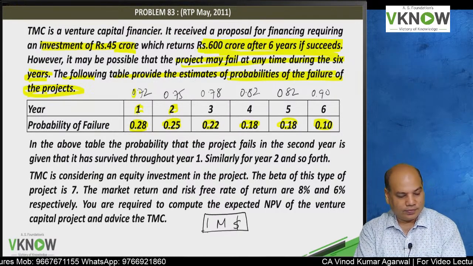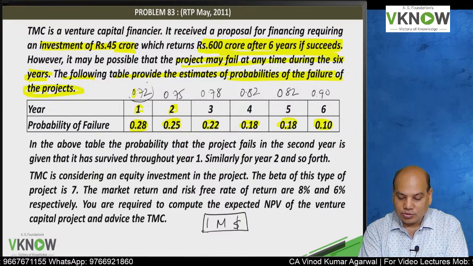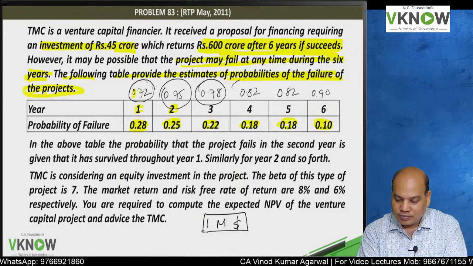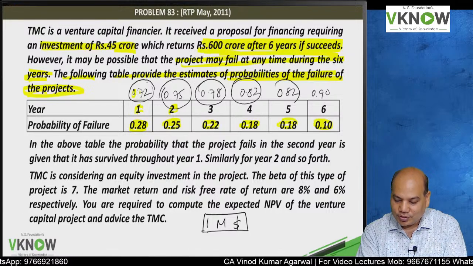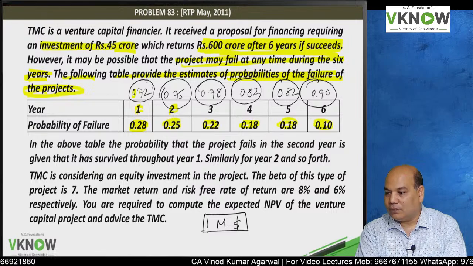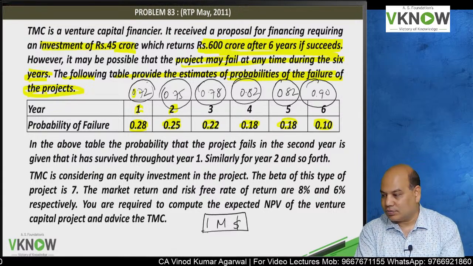How do I solve? It has to succeed in all the years. It has to succeed in year 1 and year 2 and year 3 and year 4 and year 5 and year 6. If it succeeds in all the years, then it is a success.